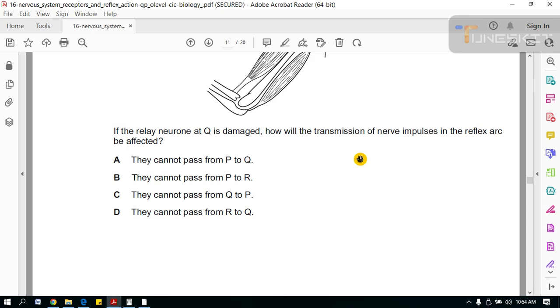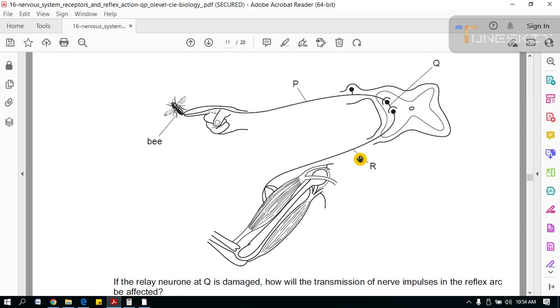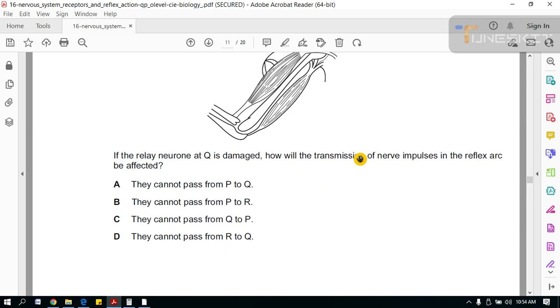Similarly, R to Q is not the pathway. So here option B is correct. They cannot pass from P to R.